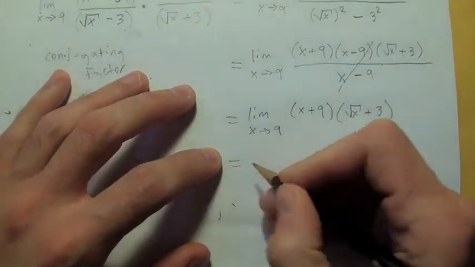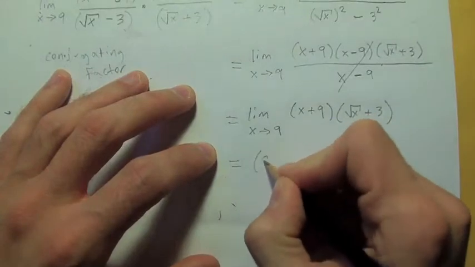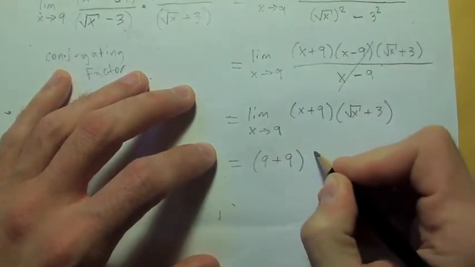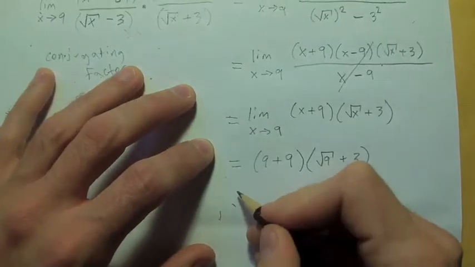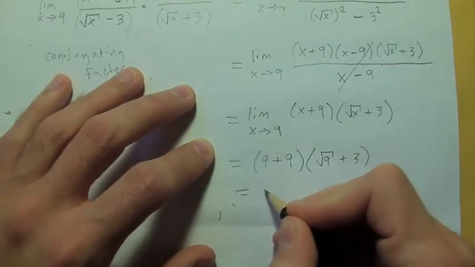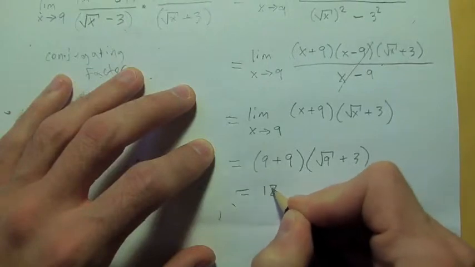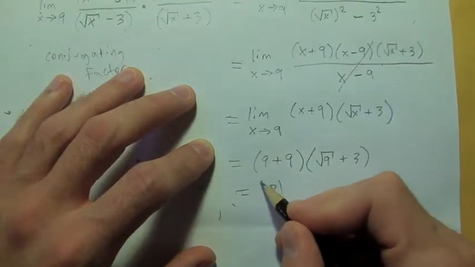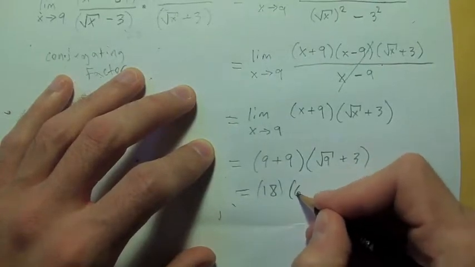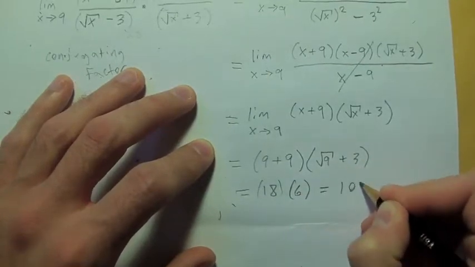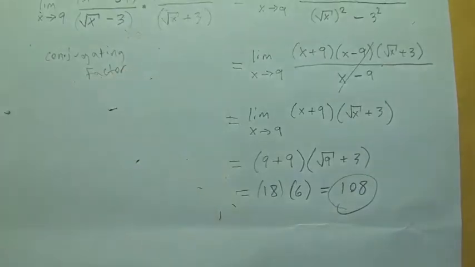So plugging in 9, I'm going to write it explicitly once again just to show what I'm doing here. This is going to be 18 times, the square root of 9 is 3, plus 3 is 6, so we end up getting 108.